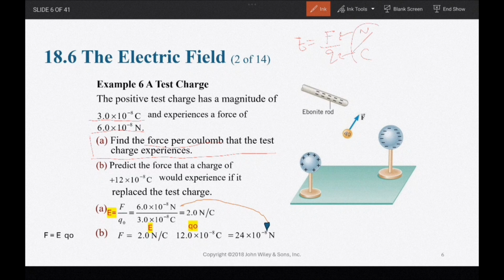And there, we can conclude that the unit we're going to use to determine the electric field is Newton per coulomb. Okay?